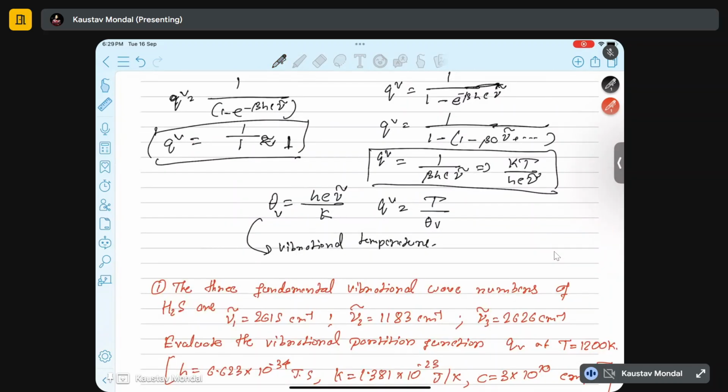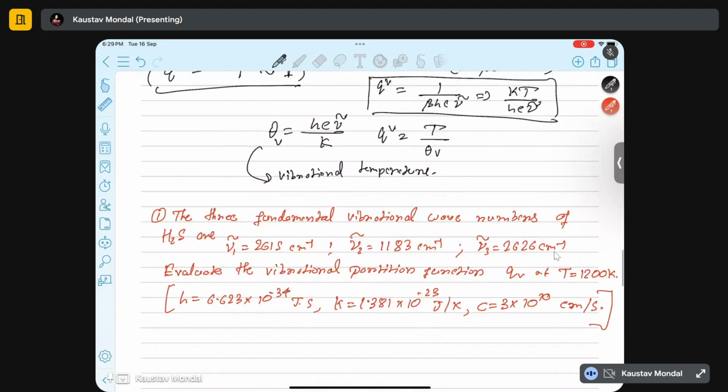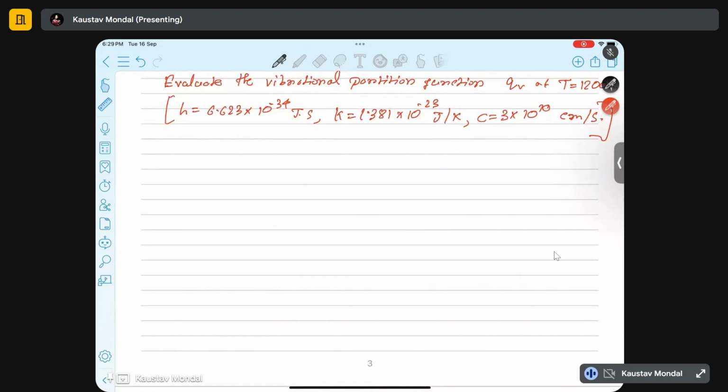For a set, there are three independent modes: QV1, QV2, and QV3. So QV would be simply the multiplication of all three independent modes.